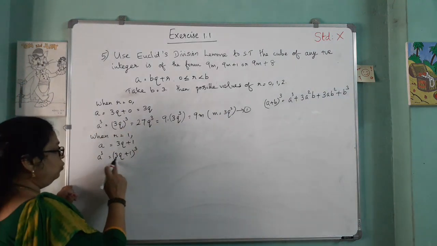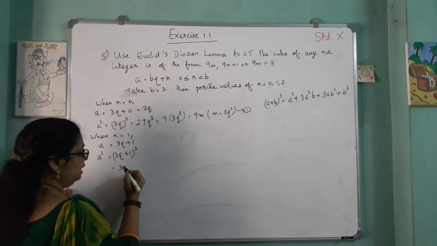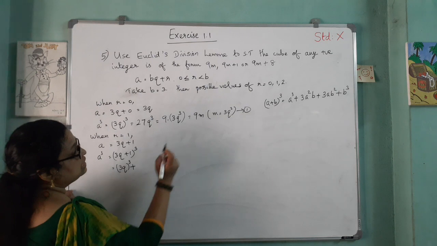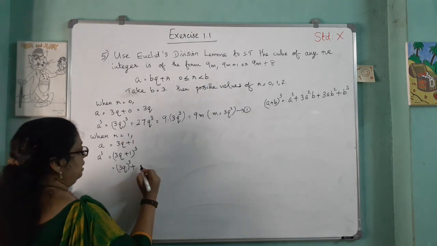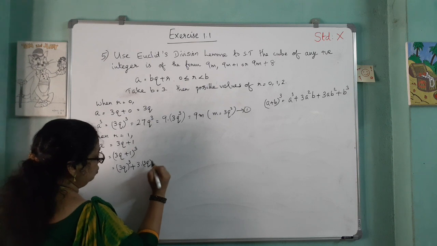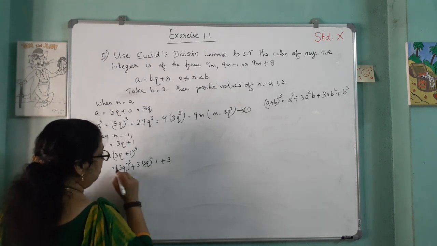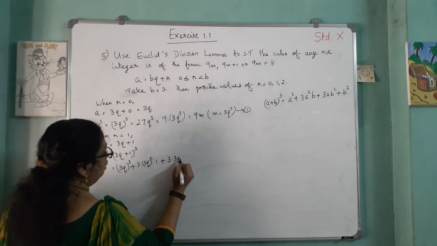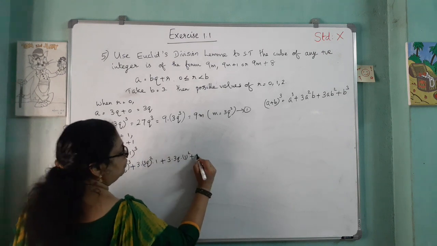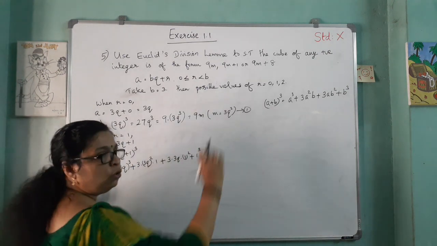So a cube, here a is 3q, so 3q the whole cube plus 3a square b, 3 into 3q square into 1, then plus 3ab square, 3 into 3q into 1 square, plus b cube, 1 cube.